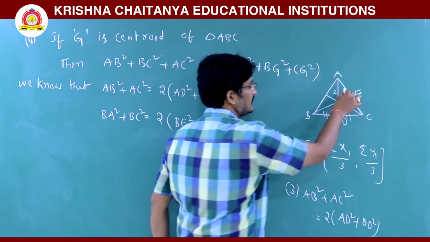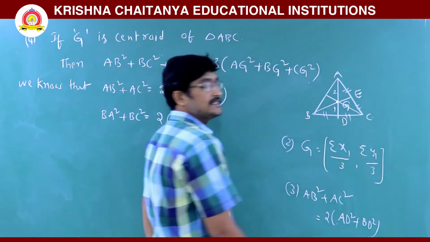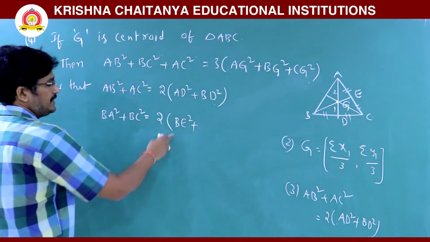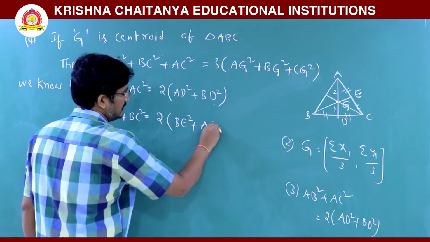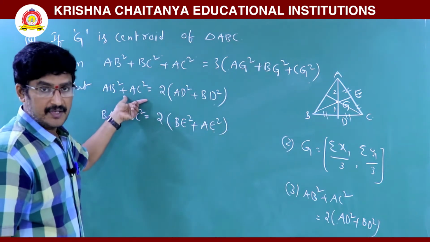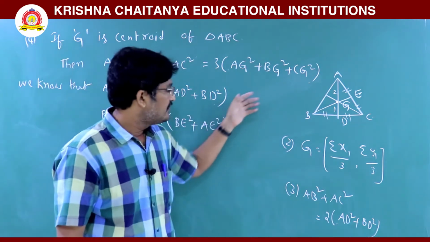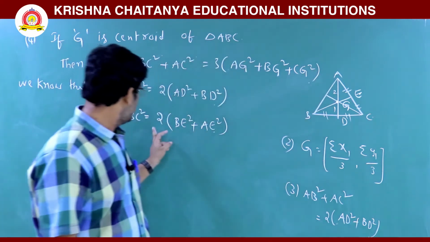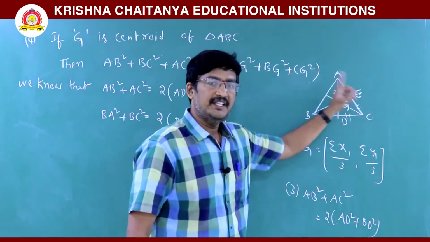You know that the length AE equals EC. So 2 times of BE square plus AE square. This is one more relation like this. The first came from the median AD bar, and this one came from the median BE bar.